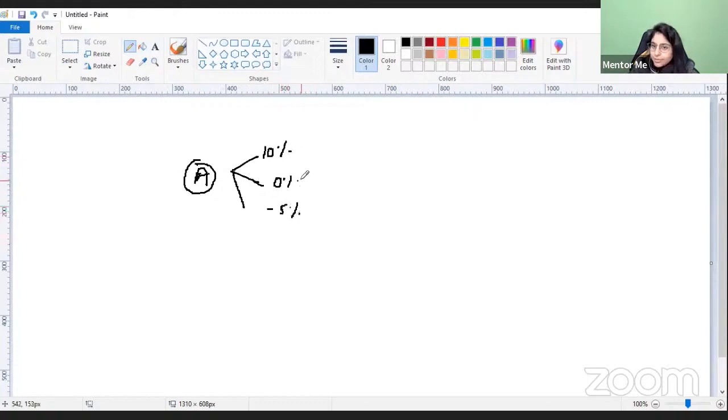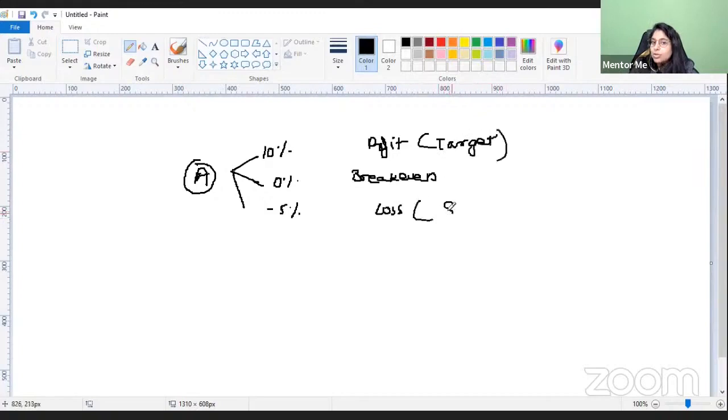Either it will break even. Whenever we take a trade, either we'll exit from it on break even basis, or loss basis, or profit basis. Profit will be defined by our target. Loss will be defined by the stop loss that we have defined for us. We discuss all these concepts in equity.